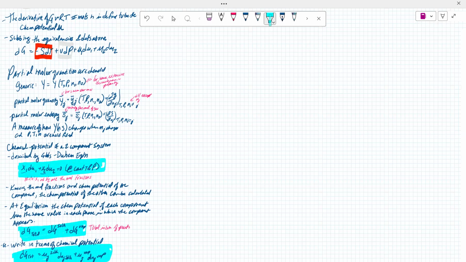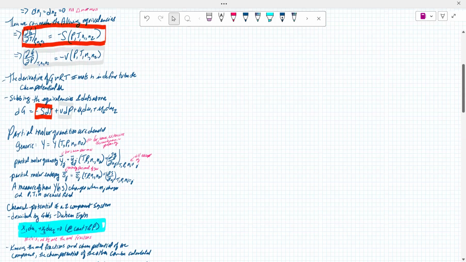Okay, chemical potential, partial molar quantities. Yeah, and let's see, partial molar quantities. This is our generic, and then we broke this out into the individual ones.